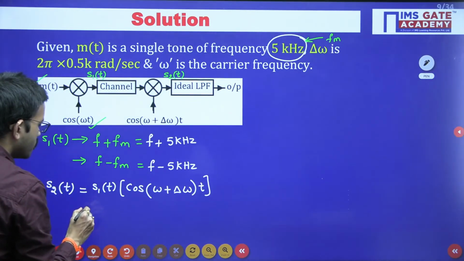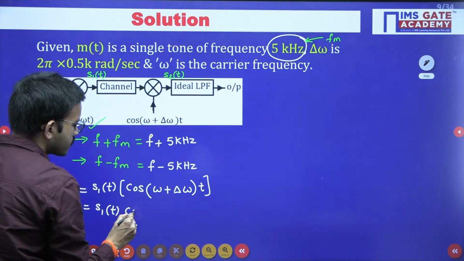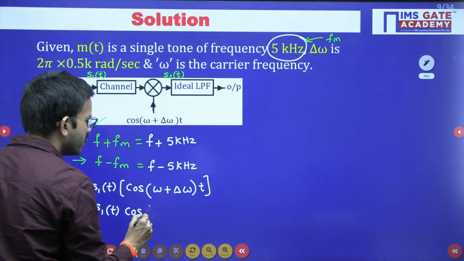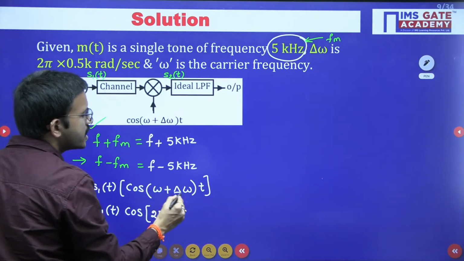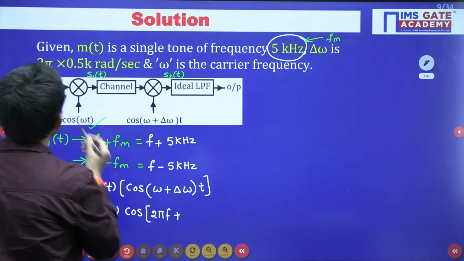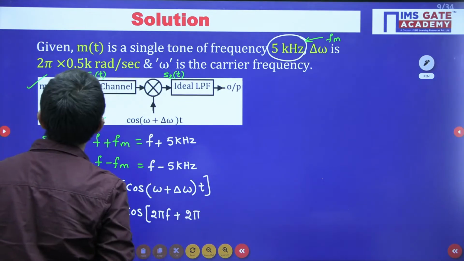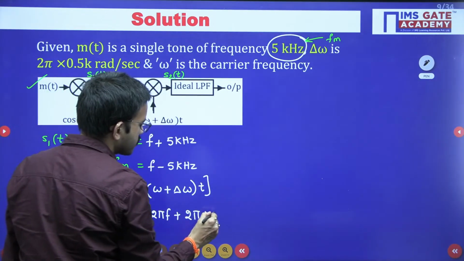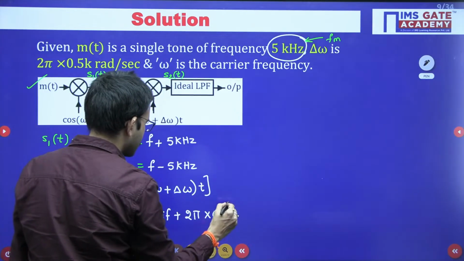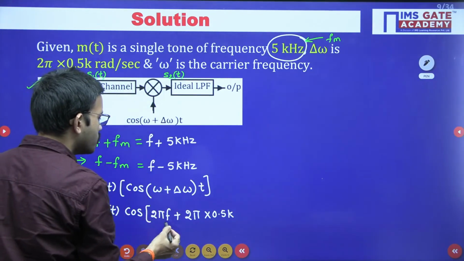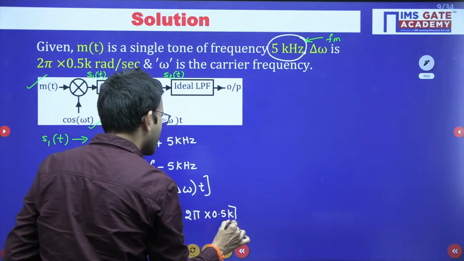Here omega is 2 pi f, and in the question delta omega is given as 2 pi into 0.5 k. So delta omega t is 2 pi into 0.5 k into t.